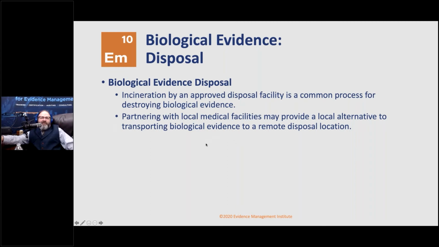Another option that may be available to you, especially if you've got a good relationship with the hospitals in your area, is that you may be able to piggyback on their practices or services, and they might be able to help you provide safe and secure incineration, or environmentally appropriate disposition, of those biological materials.